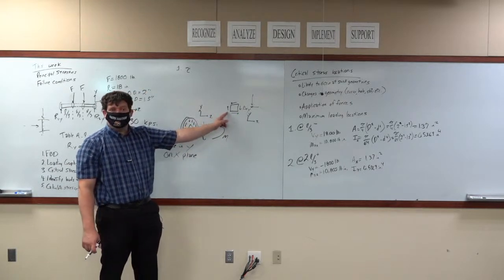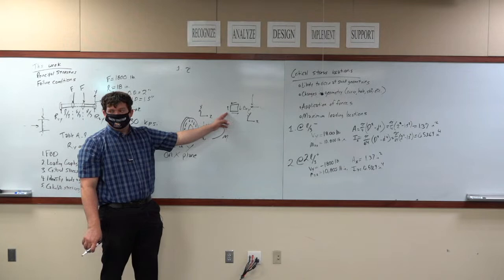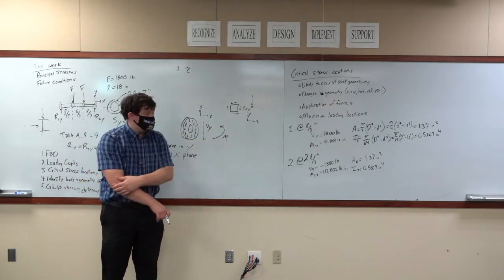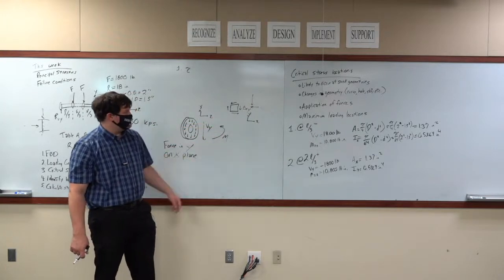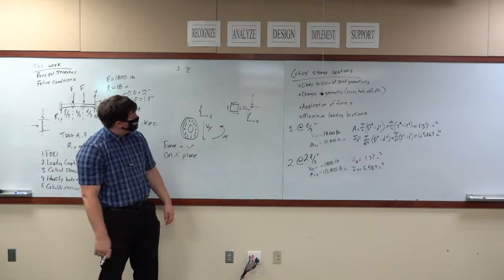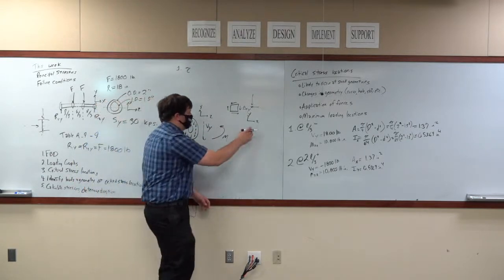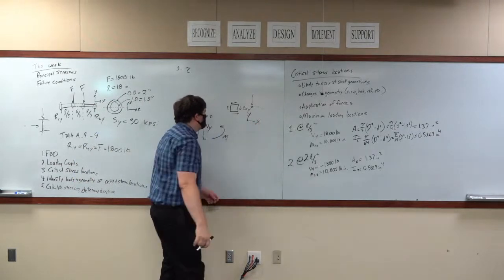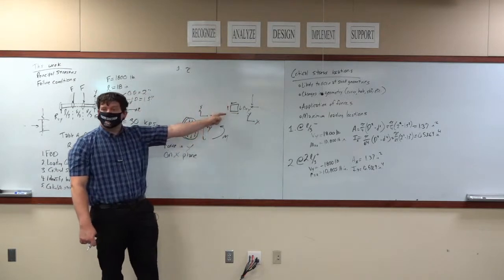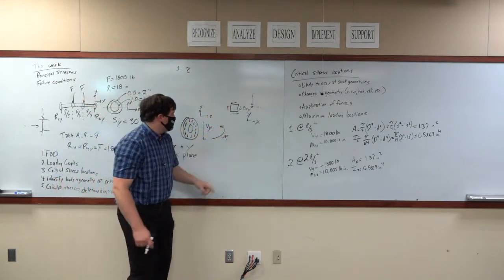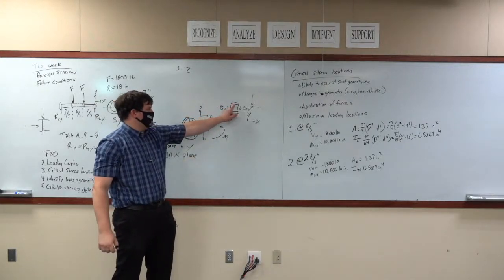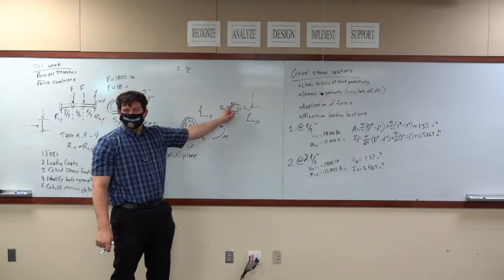What face is this on? It is also on the X face, because this face shows up only in the X direction. You're looking down the X direction, you see that face. So, this here is also tau xy. What about this one? What face does this stress occur at?